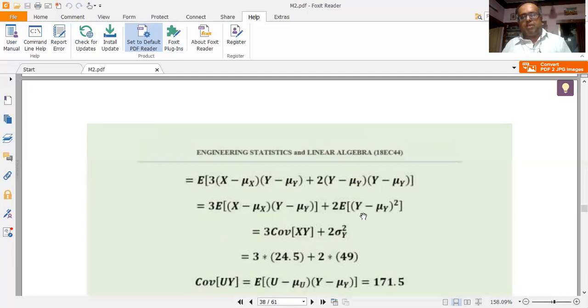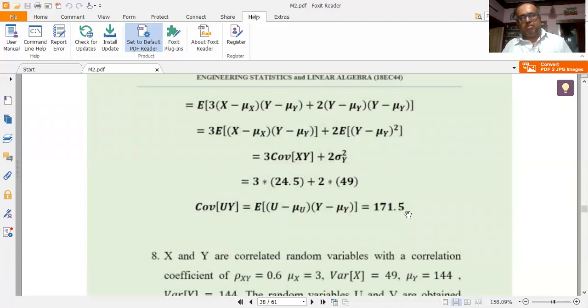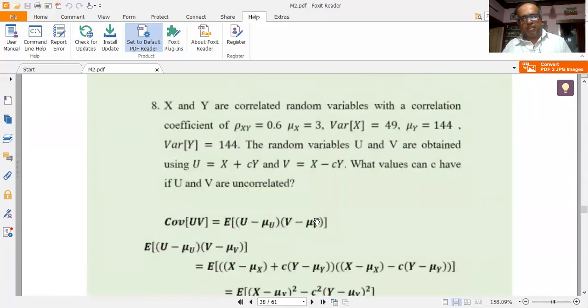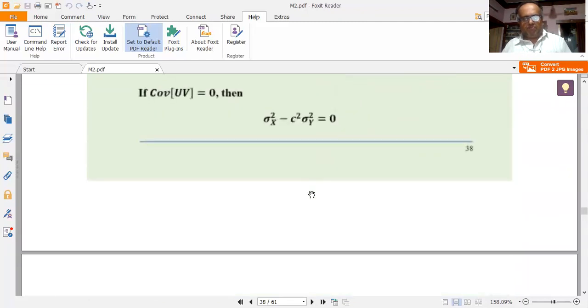The second term, namely E of (Y minus mu Y) the whole square, is nothing but the variance of the random variable capital Y, that is sigma Y squared. So I get COV of UY to be equal to 3 covariance of XY plus 2 into sigma Y squared. Substitute the values, I get 171.5. This completes problem 7.